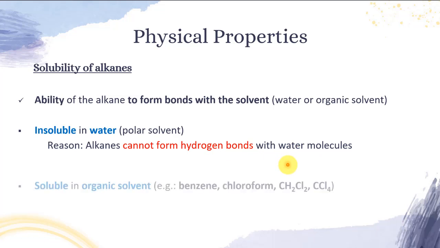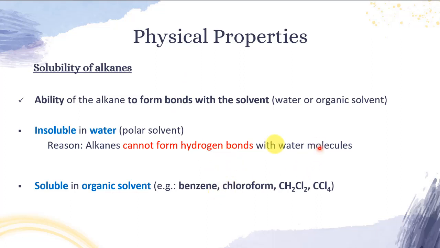But alkanes or cycloalkanes are soluble in organic solvents. These organic solvents include benzene, C6H6, chloroform, CH2Cl2, or CCl4. All of these are non-polar solvents, which we call organic solvents. For the ability to form bonds, you must mention what bond it can form with the solvent.